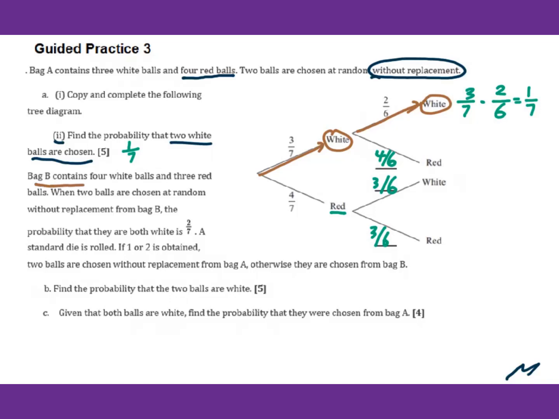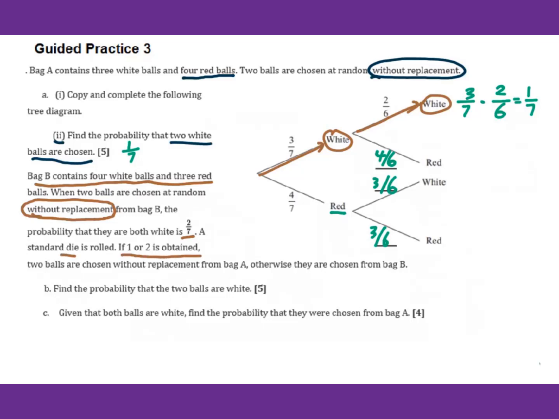Bag B contains 4 white balls and 3 red balls. When 2 balls are chosen at random without replacement from bag B, the probability they are both white is 2 over 7. A standard die is rolled.